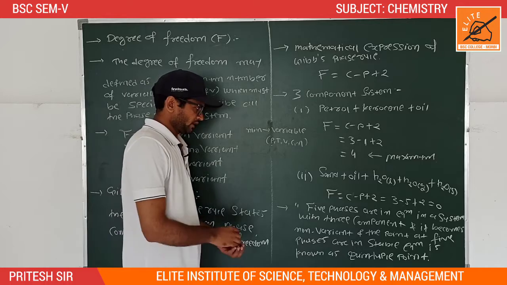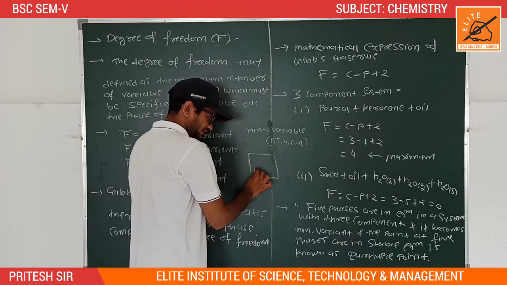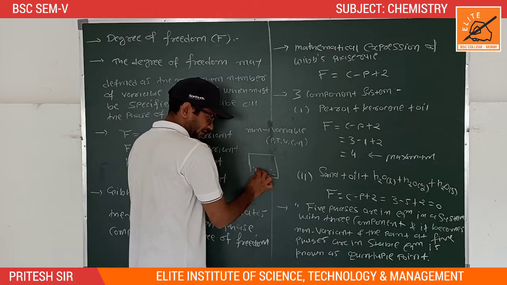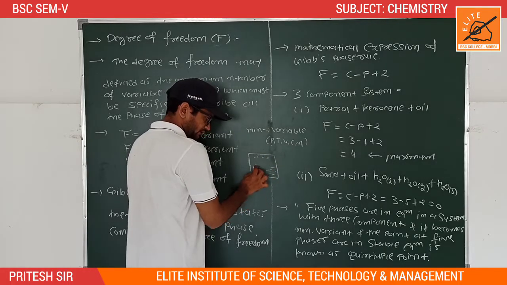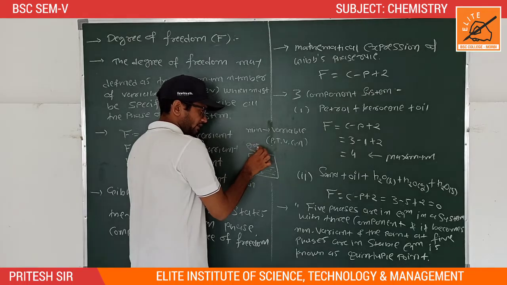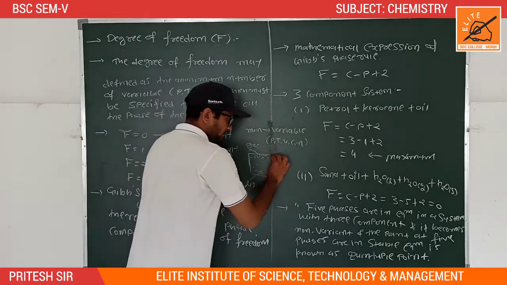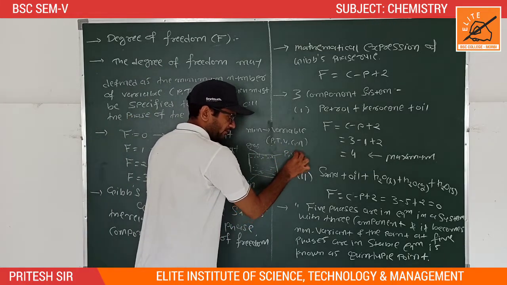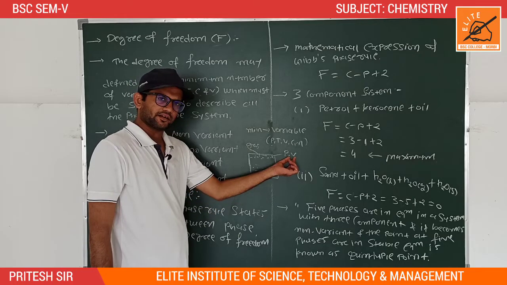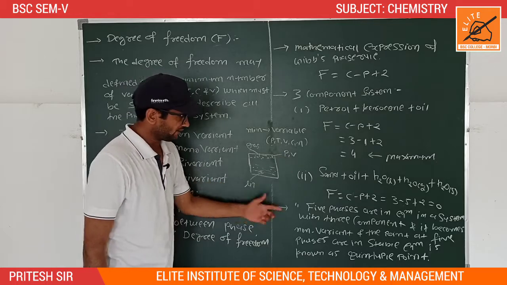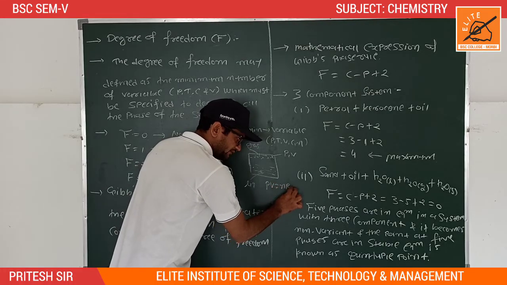Suppose in a closed container we take liquid and gaseous particles. This is the liquid and this one is the gas. Suppose if I know the values of pressure and volume for this condition, at that time temperature is unknown, so we can easily calculate temperature by using the ideal gas equation, that is PV is equal to nRT.